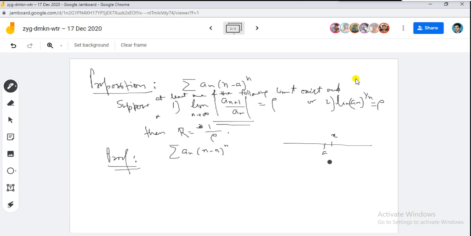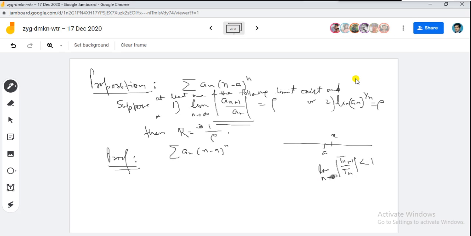You remember the ratio test of convergence of a series, just convergence. I'm not talking about uniform convergence. So for convergence, if the n plus 1th term upon nth term, if you want, you can take the modulus, is less than 1, so maybe you take the limit.